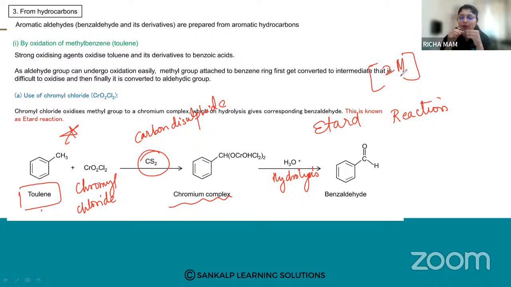Got it? Important. So which name reactions do you have to practice? Rosenmund reduction, Stephen, and Etard. You have to practice all these name reactions today. How will you practice? First, read it twice or thrice.